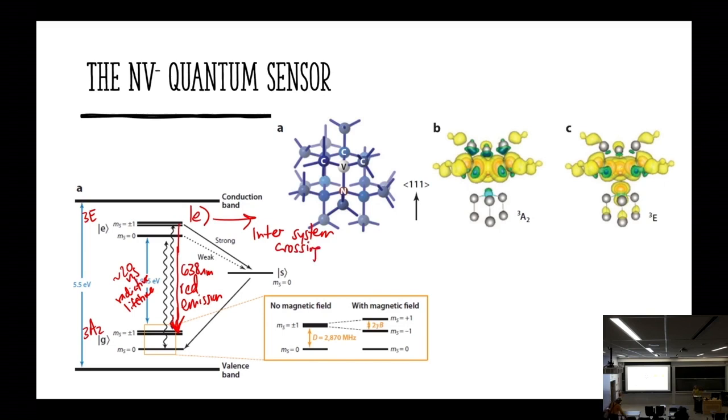This intersystem crossing happens most probably from the little m sub s equals plus minus 1 branch of the excited state. And that happens with a pretty high probability. So we end up populating this little m sub s equals 0 singlet state.